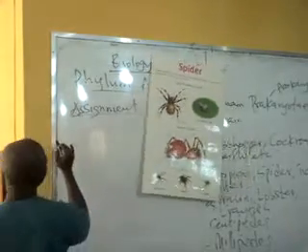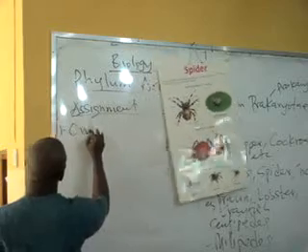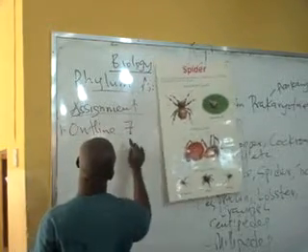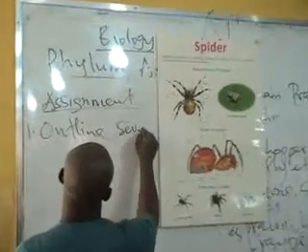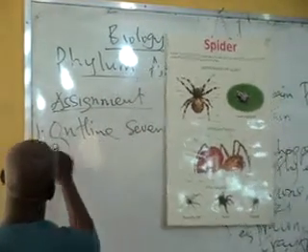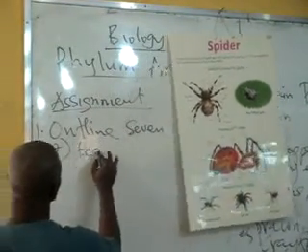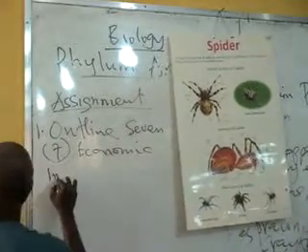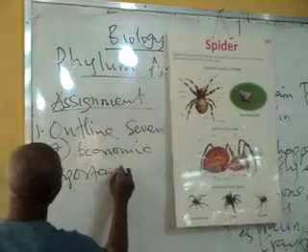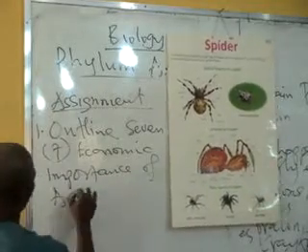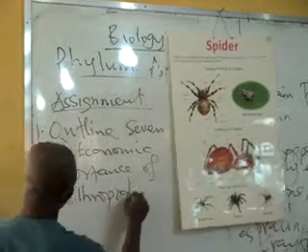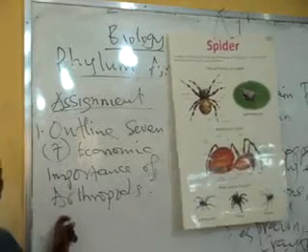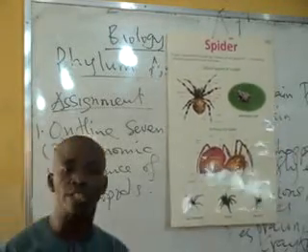The assignment is that you will outline 7 economic importance of arthropods. 7 economic importance of arthropods, and that is what we opened this class with.